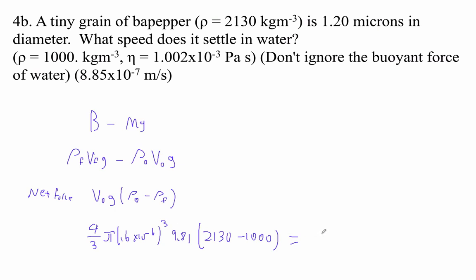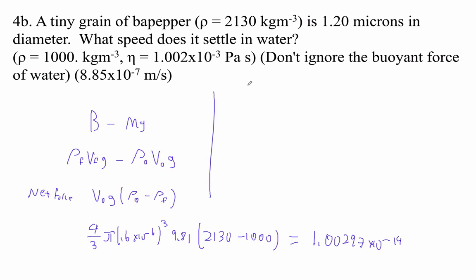So 4 divided by 3 times pi times 0.6 e minus 6 raised to the third times 9.81 times parentheses 2130 minus 1,000. And there we go. We end up with 1.00297 times 10 to the minus 14th.